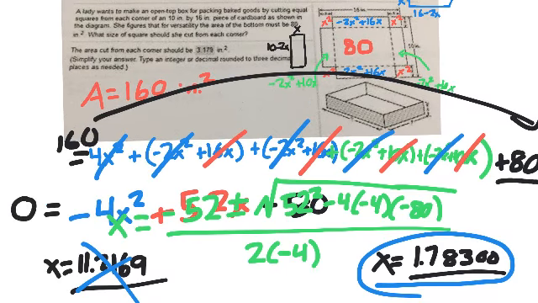Correct, which is what we're looking for. Because, again, it doesn't ask me how much did she cut off. It asks for the area that she cut from each corner. So if this was an x by x, then I would multiply 1.783 times 1.783 to give me 3.179 square inches.